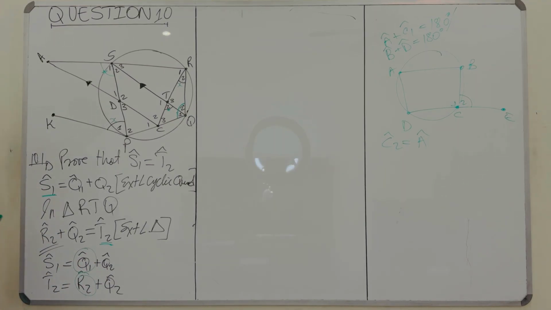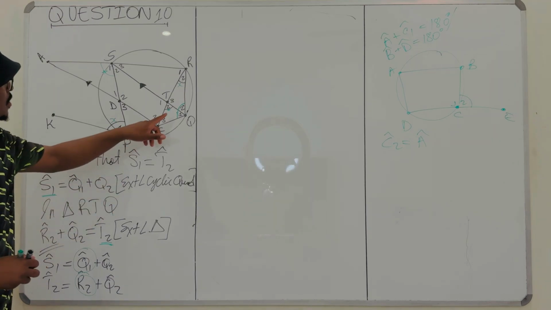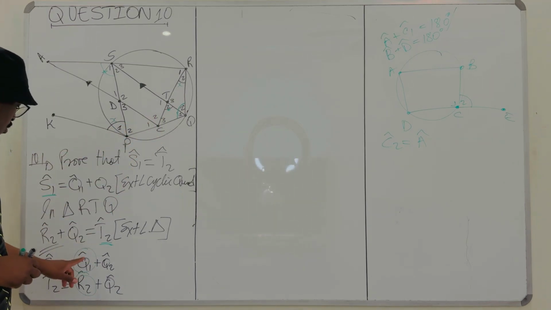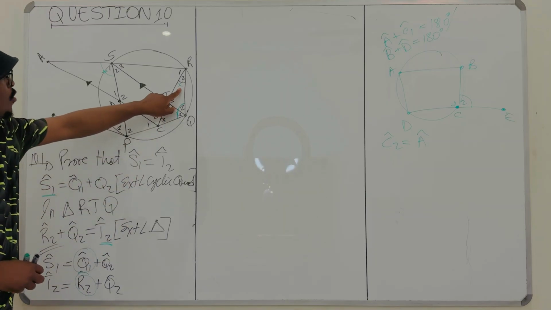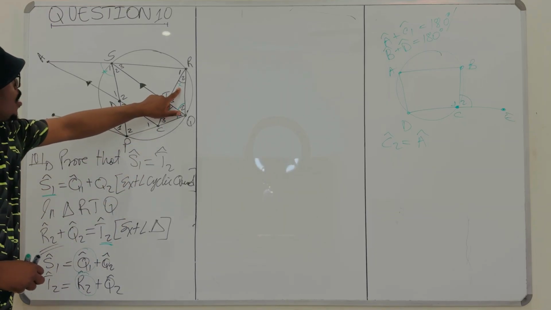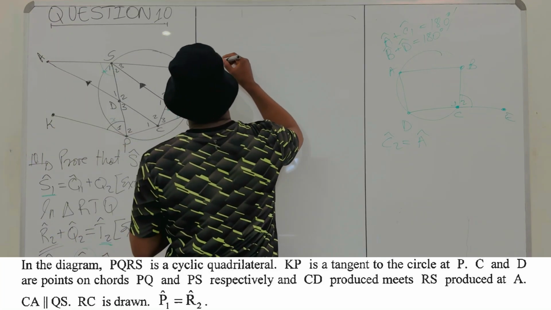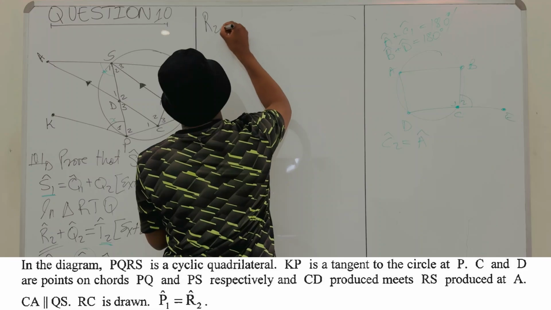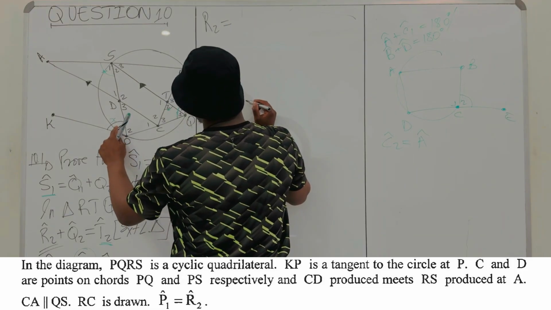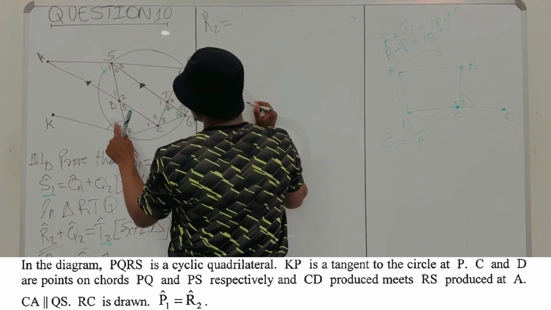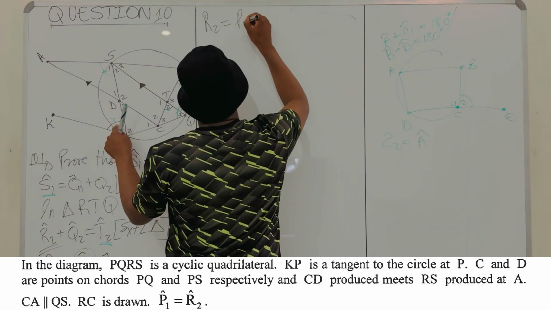So what is Q1? Q1 is this angle here, right? And where is your R2? R2 is that angle over there. What do we know about R2? We were told in our statement that R2 is equal to P1.